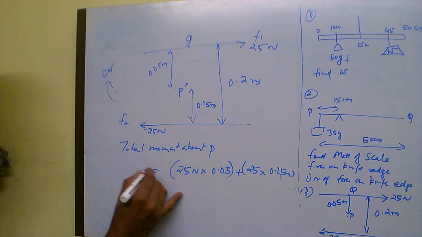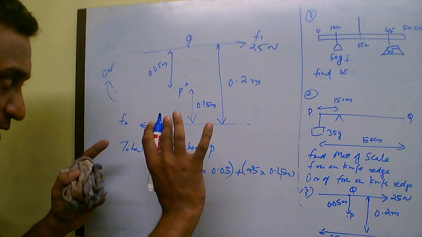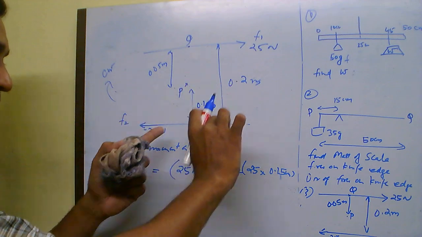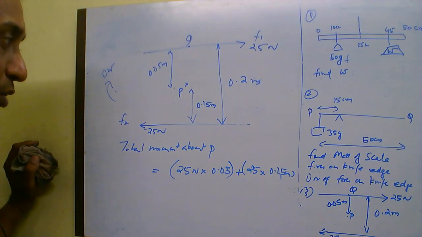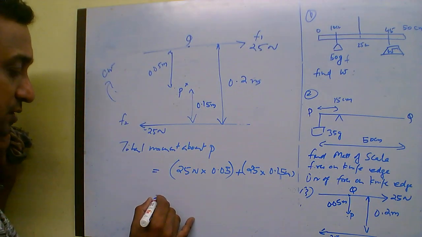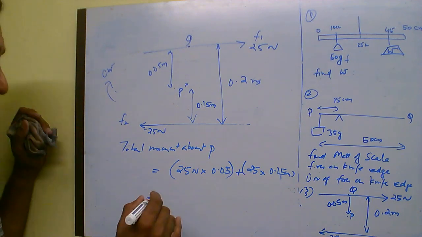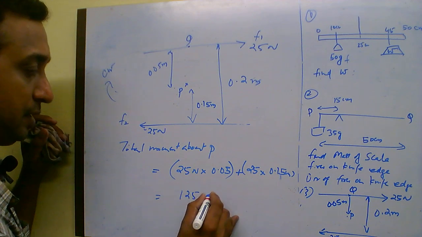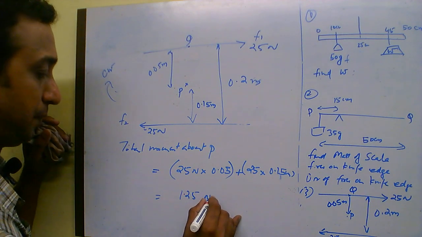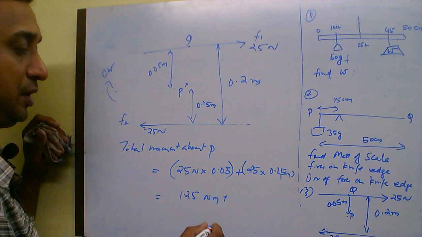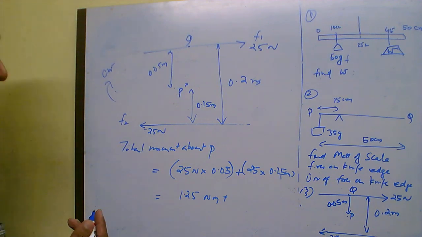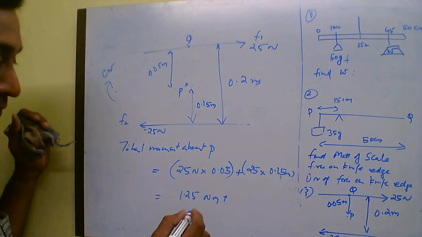So the total effect is that the point P will be feeling a force to turn clockwise because of the two forces. So what is the sum? 25 into 0.05 is 125 divided by 100, so 1.25 Newton meter, plus 25 into 0.15, which will be 3.75.